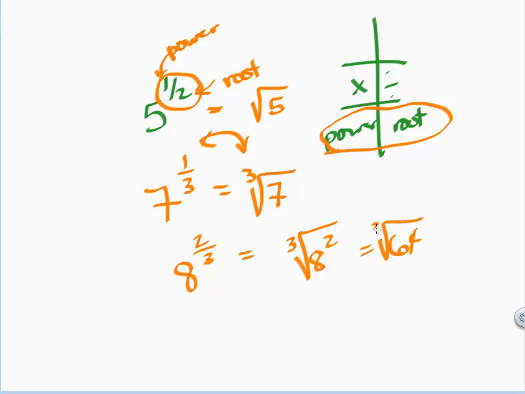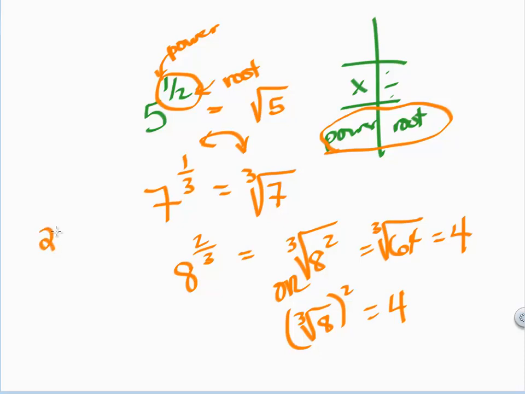And what times itself 3 times gives me 64? Well, sure enough, that's 4. Or I can do 8 cubed root, remember the order doesn't matter, and then I can go ahead and square it. So the cube root of 8, what times itself 3 times gives you 8 is 2. 2 squared is going to give you 4. So that's kind of a quick tutorial on rational exponents.